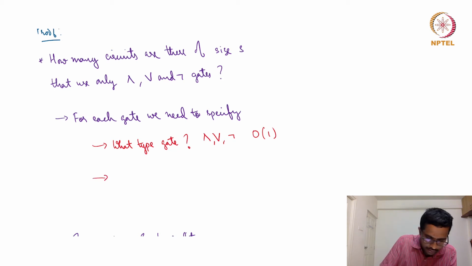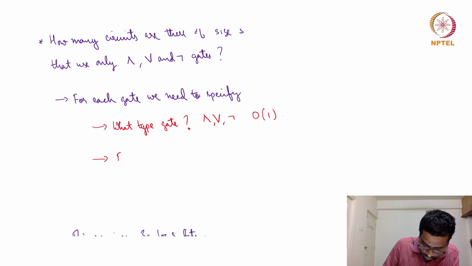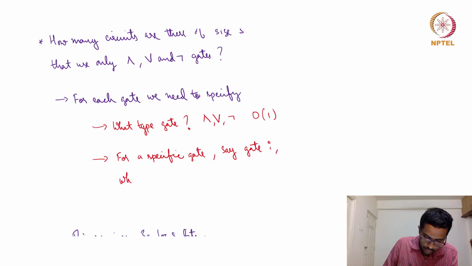And for a given gate, let's say for a specific gate i, which are the inputs, or where are the inputs coming from?